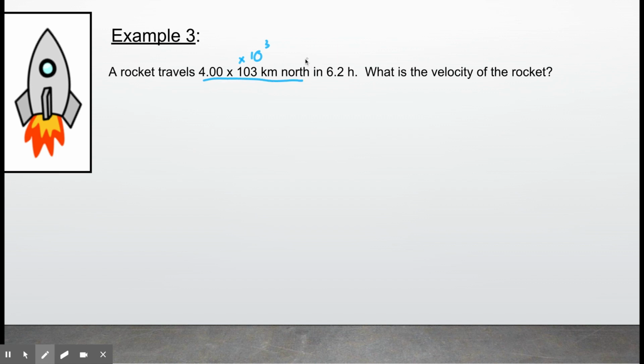So that north tells me that this is displacement because it has direction. 4.00 times 10 to the 3 kilometers north in 6.2 hours. So that's my time. Kilometers and hours coincide with each other. They work, so we don't have to do any time change things this time.